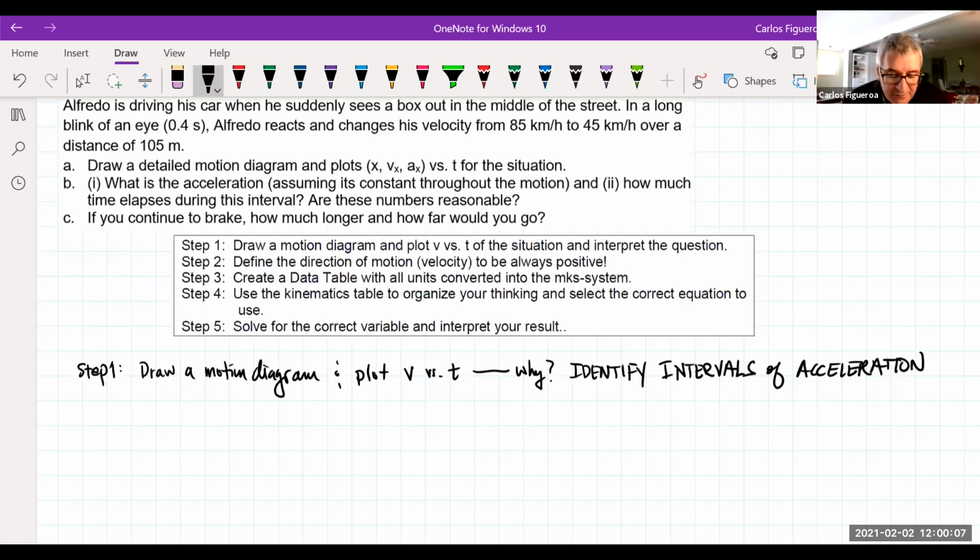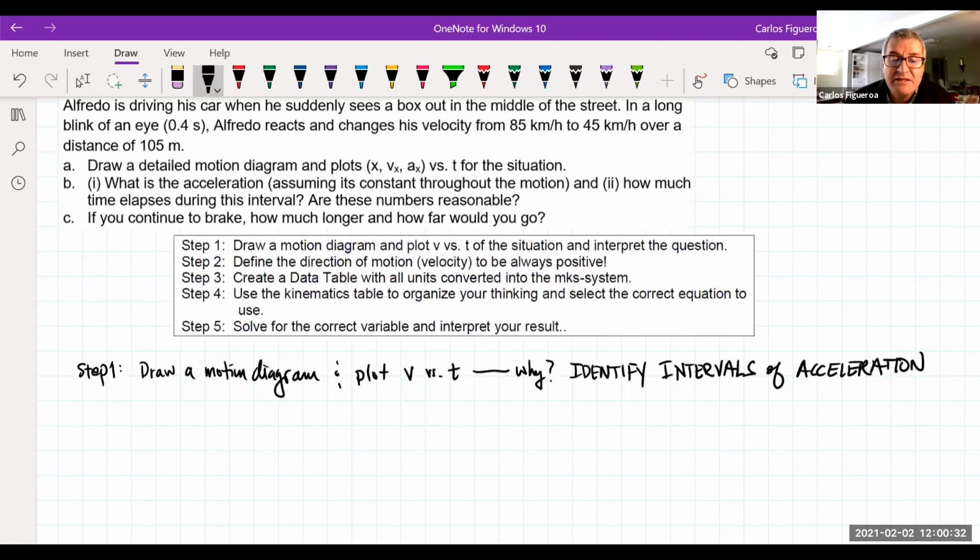So look what it says here. He reacts. That means he's on the accelerator, and then he has to take his foot off the accelerator and onto the brake. So when he takes his foot off the accelerator, he is moving at constant velocity.